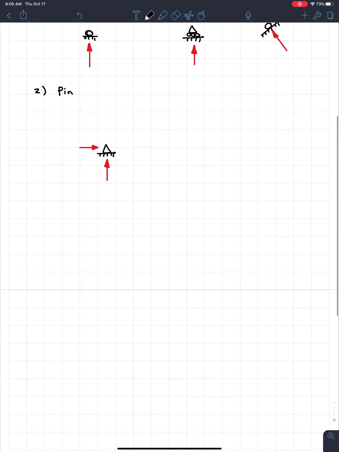So it's completely fine. The last one is called fixed. And this one's a very special case. I'm going to have to draw the beam for this one to show you. If you have your beam, at one end of the beam, it'll go right into the ground. So there won't be a circle, there won't be a triangle, it's just going to go right into the ground.